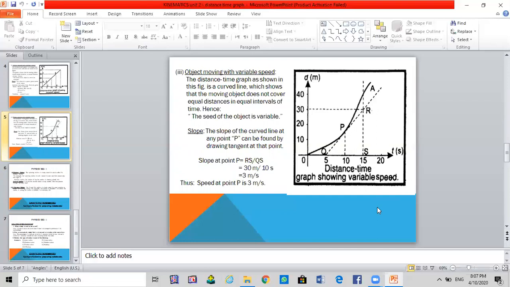So 30 minus 0 is equal to 30, divided by 15 minus 5, which is equal to 10. After calculation, we get 3 meter per second. The speed at point P is 3 meter per second.